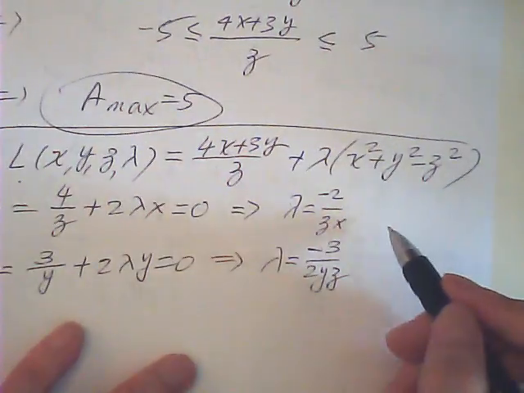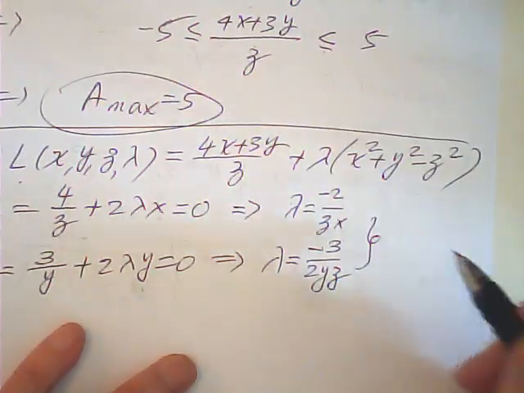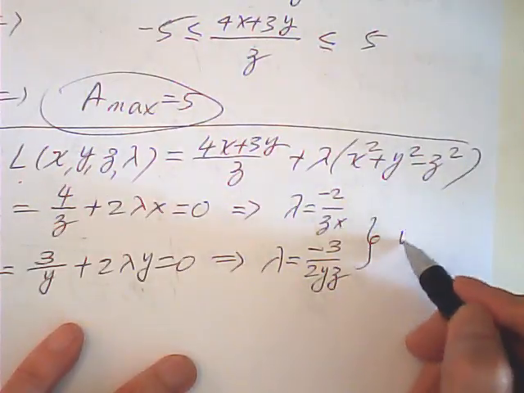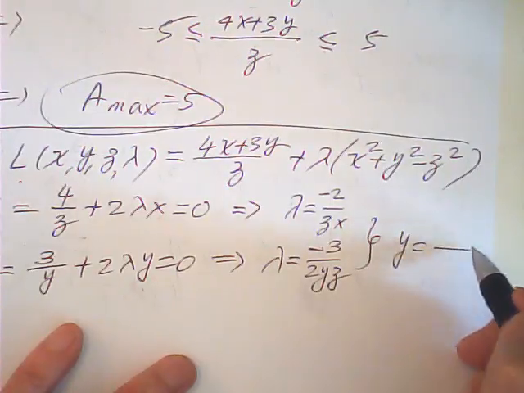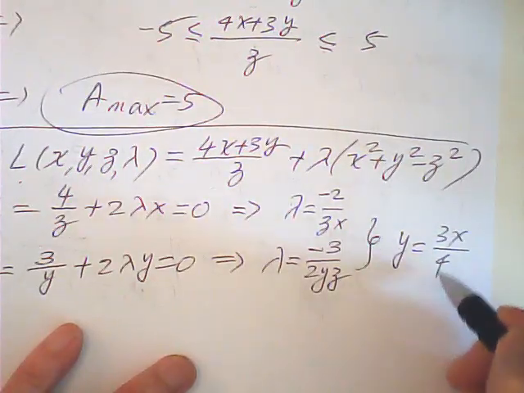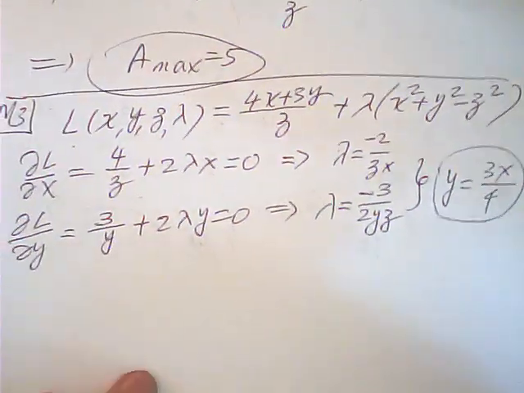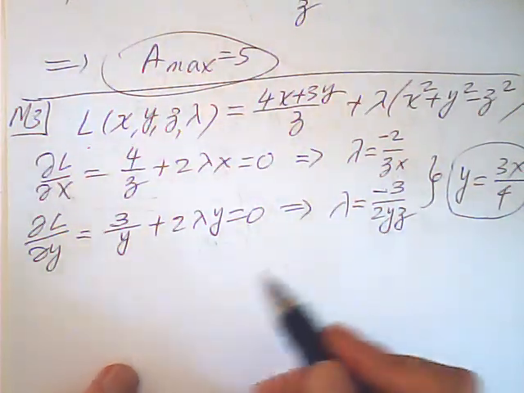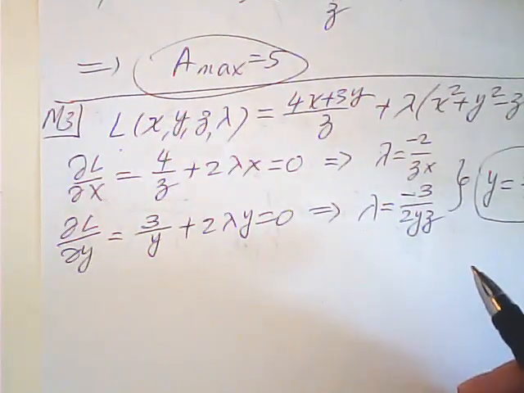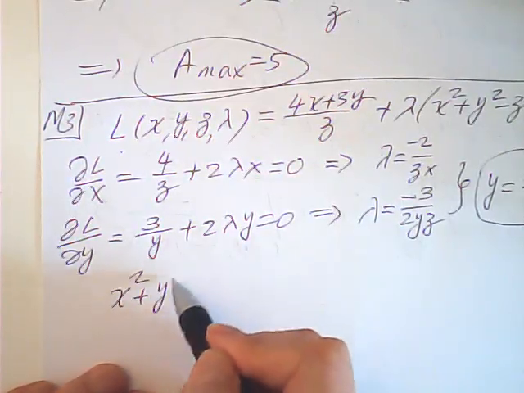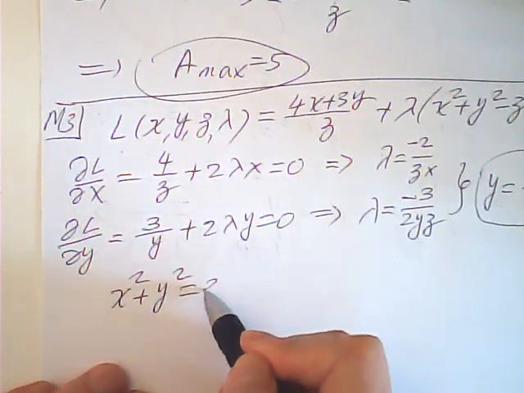And from these two, we can eliminate lambda and make y equal to 3x over 4. Okay, therefore x squared plus y squared is equal to z squared, right?